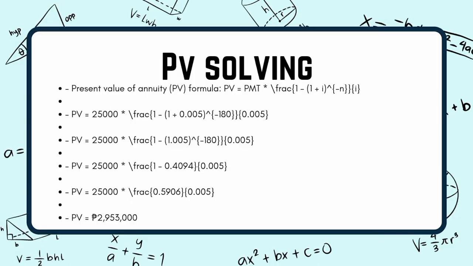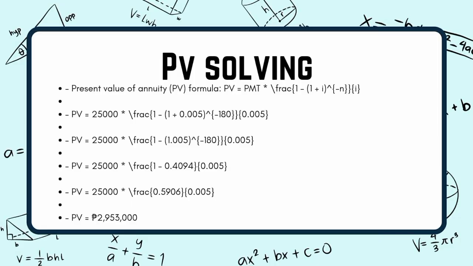What we get here is 0.4094. So, what remains to solve is 25,000 pesos times [1 minus 0.4094] over 0.005, and we solve the 1 minus so we can proceed to get the final answer.